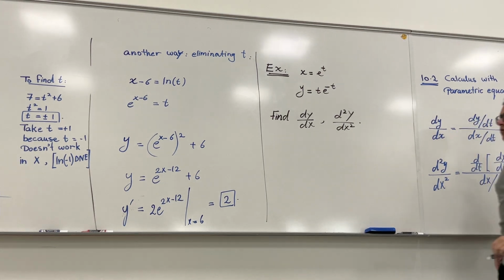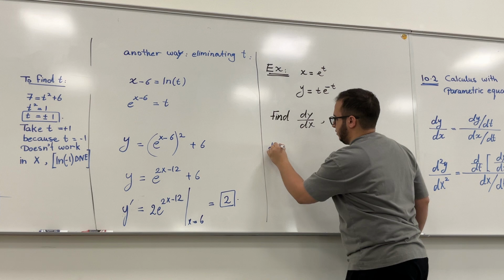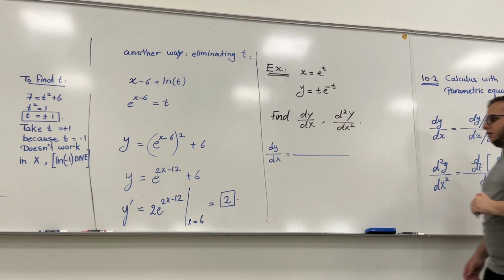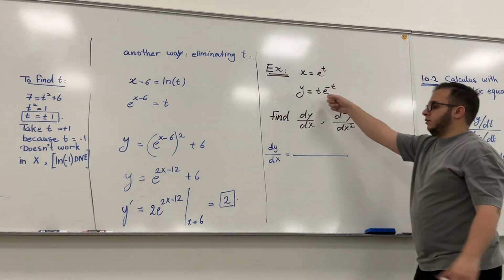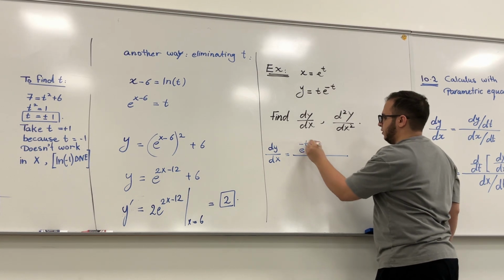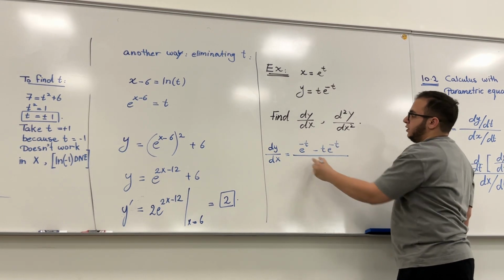Okay. What's dy/dx? It's dy/dt over dx/dt. Differentiate this with respect to t, so you get e to the minus t minus t e to the minus t, and dx/dt is just itself.